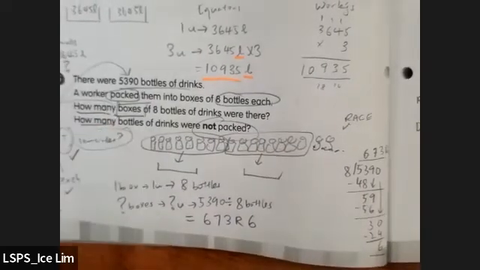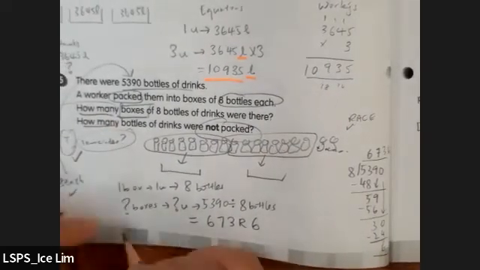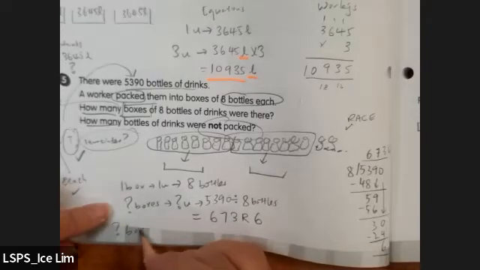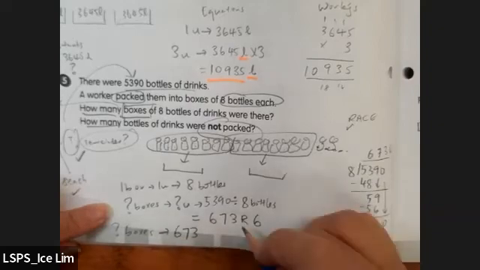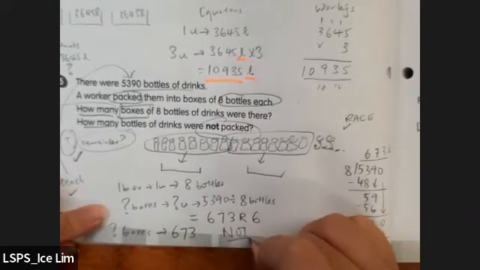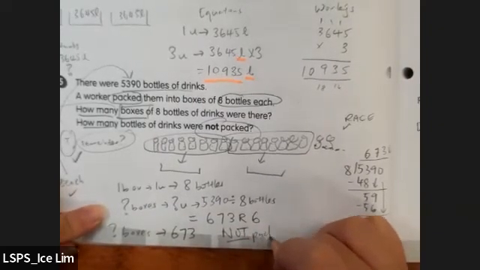That's the division. Which means the number of boxes is 673. And the not packed, that's the remainder.